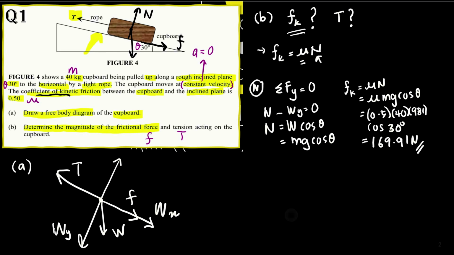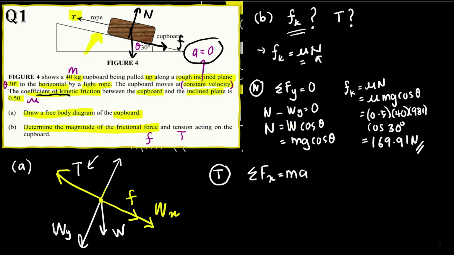So we want to find tension, T. If we refer once again to our free body diagram here, our tension, class, is in the x-axis, meaning that we are going to solve this using information in the x-axis. The summation of Fx is equal to ma, and please remember that we have constant velocity, which means a is equal to 0.